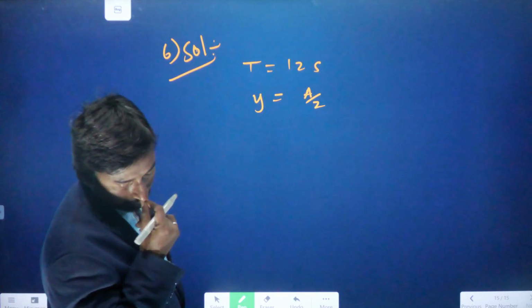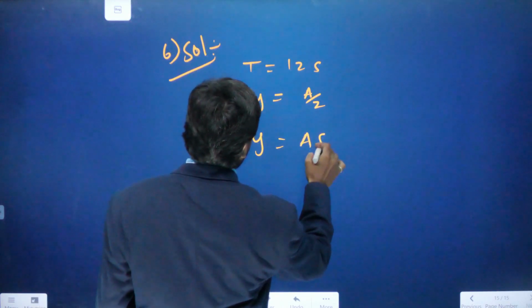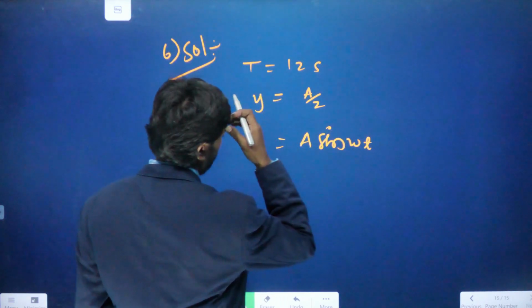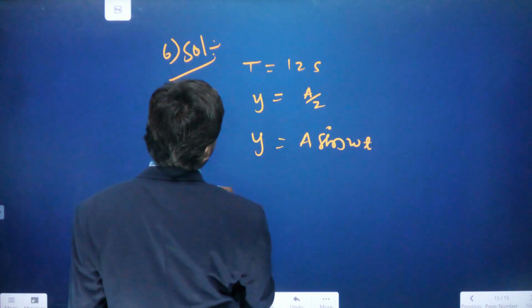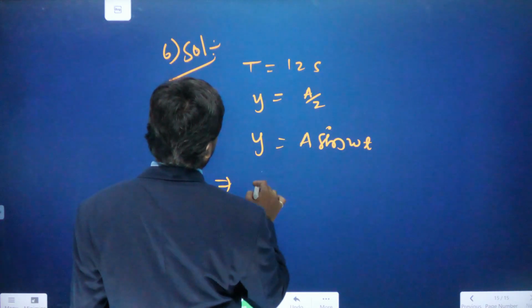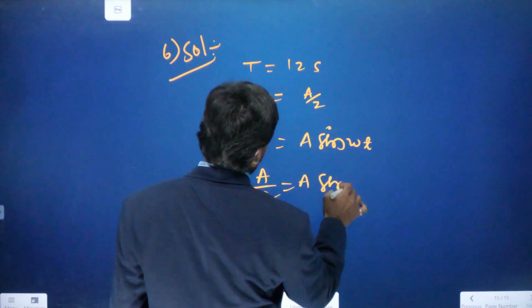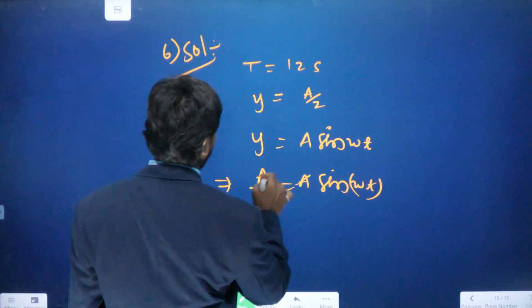That means here the displacement y is equal to, we can write, A sin omega t. The y value is given as A by 2, so A by 2 is equal to A sin of omega t. So A will be cancelled.